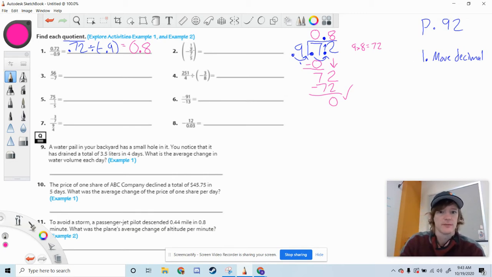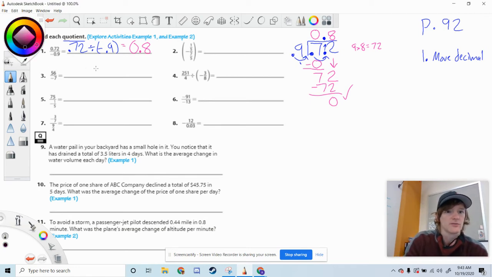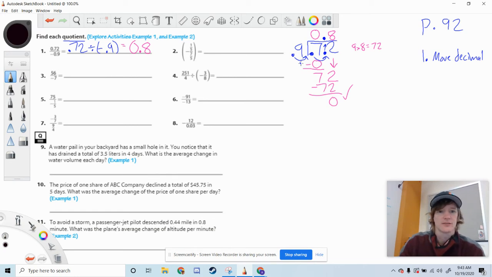I'm going to skip number 2 for a minute. I'm going to do the decimal ones here first, just so that we're consistent. Actually, I guess we're not quite done with this problem, are we? This had 1 negative.